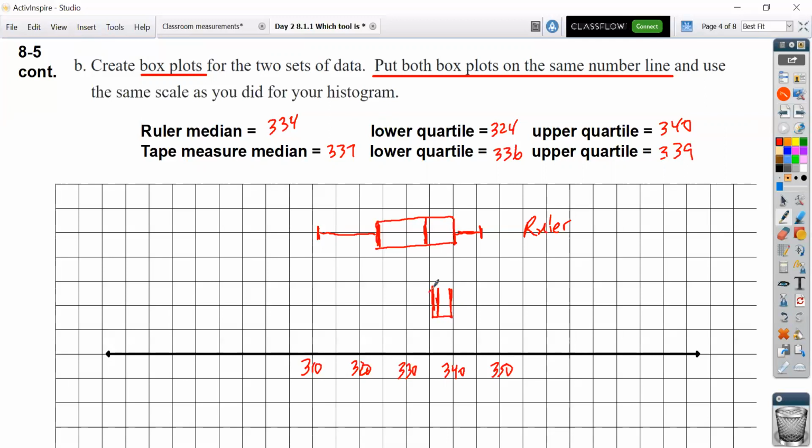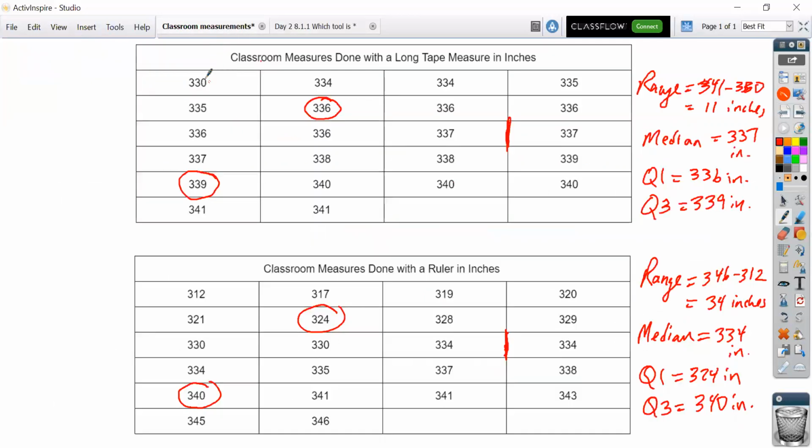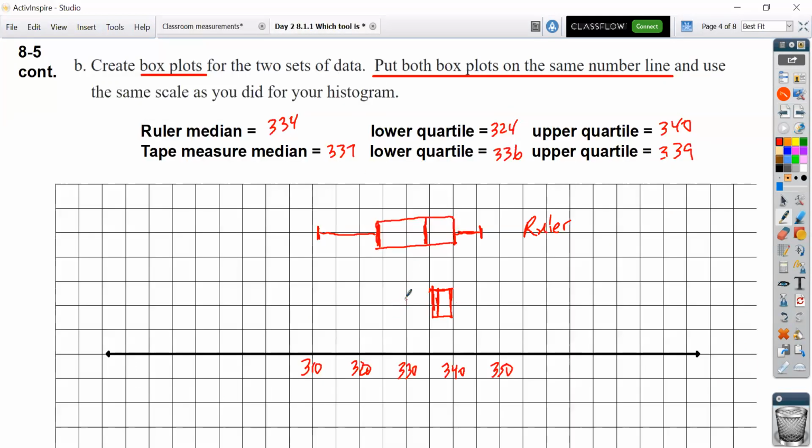So this makes the box of the box plot. And then when I look at the extremes, the lower extreme and the upper extreme are at 330 and 341. So 330 would be here, and 341 might be about here. So that is a very tight box plot for the tape measure.